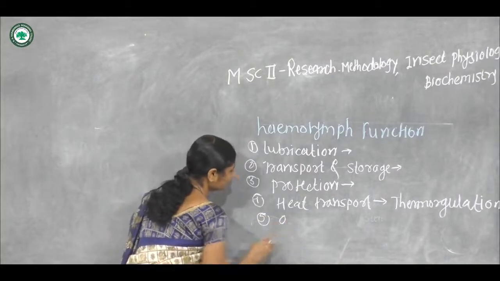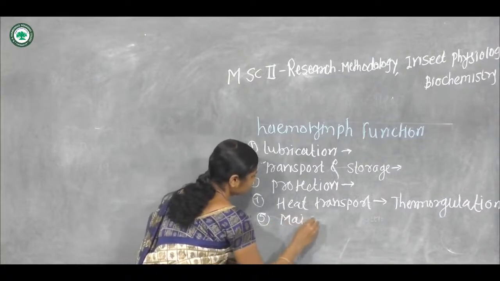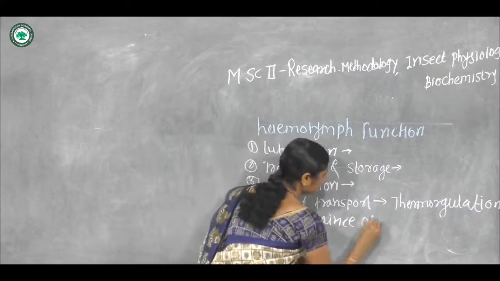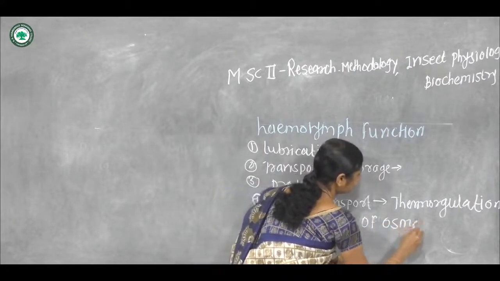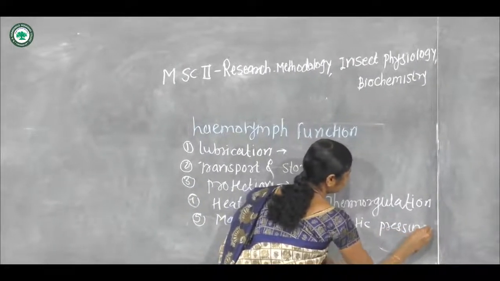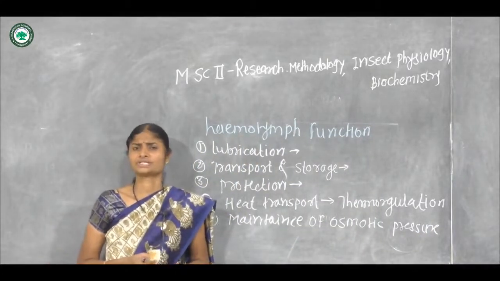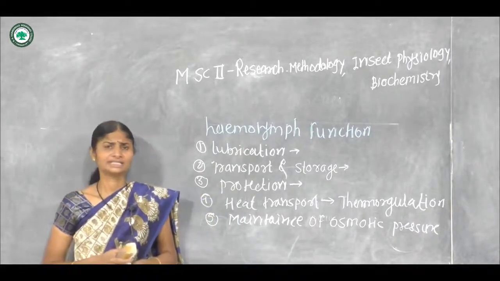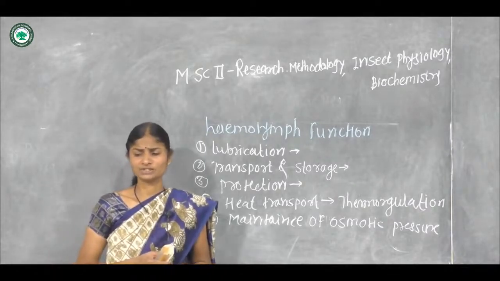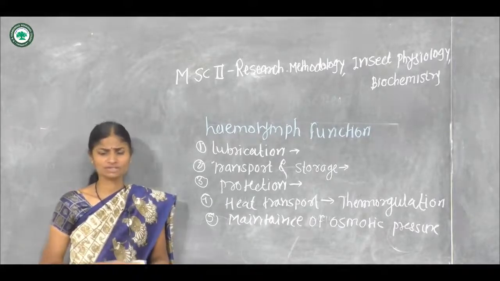Next function is maintenance of osmotic pressure. Ions, amino acids and organic acids present in the hemolymph help in maintaining the osmotic pressure required for normal physiological function.